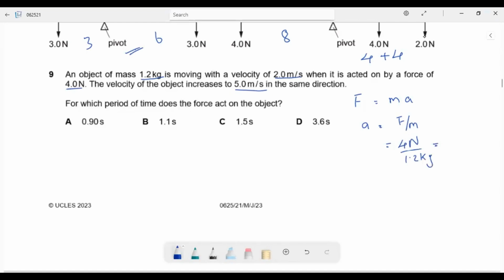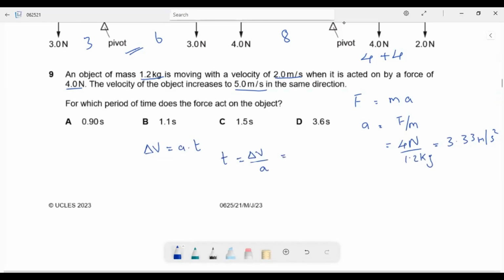So while doing this, we'll be getting the answer as 3.33 meters per second square. So we need to find the time for that. The change in velocity is equal to acceleration into time. So for finding time, t can be written as change in velocity by acceleration.